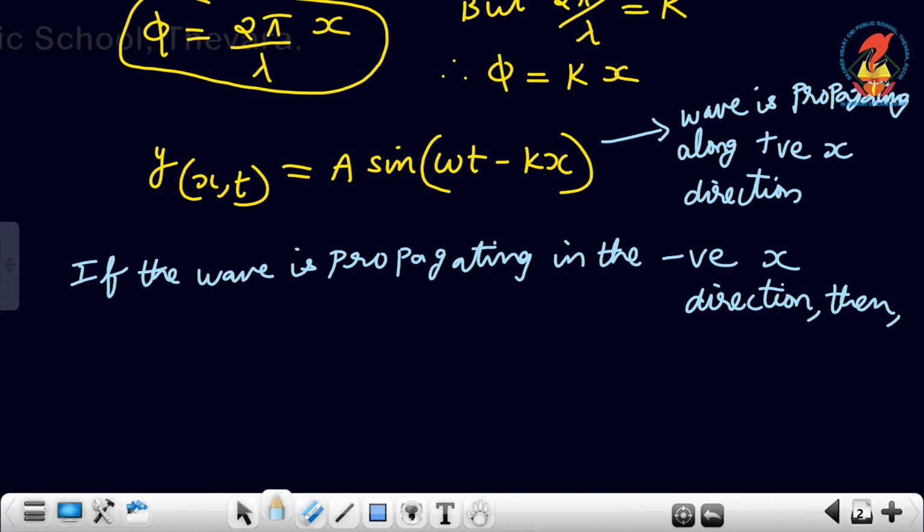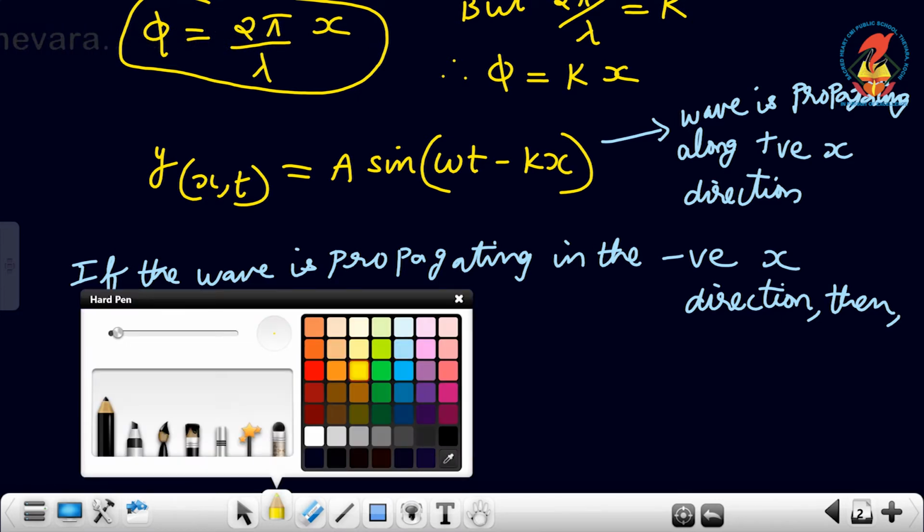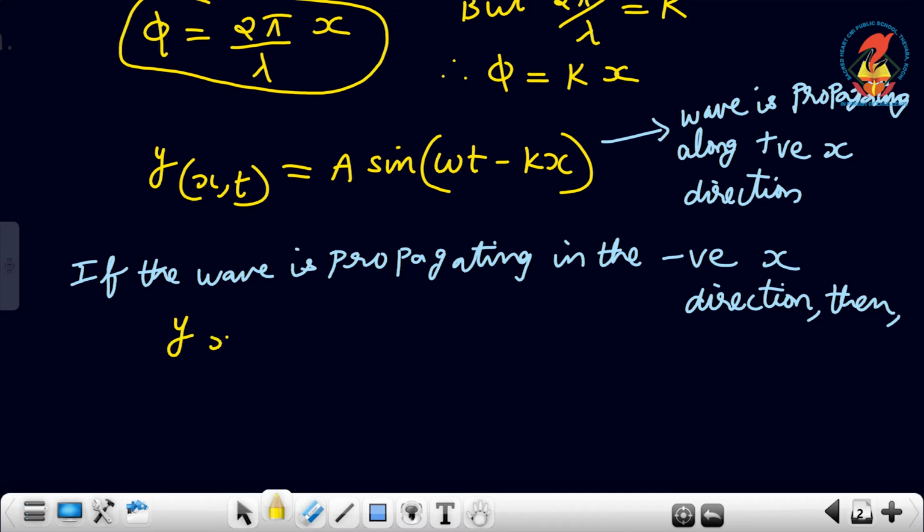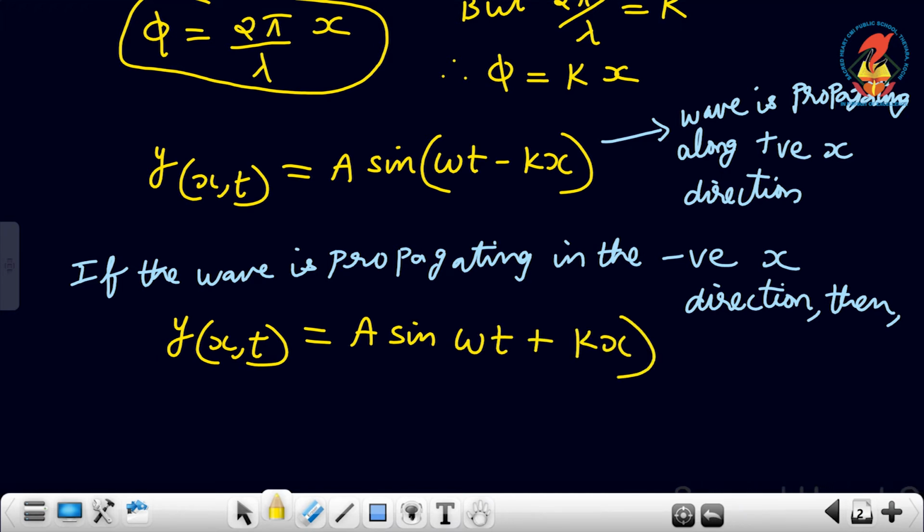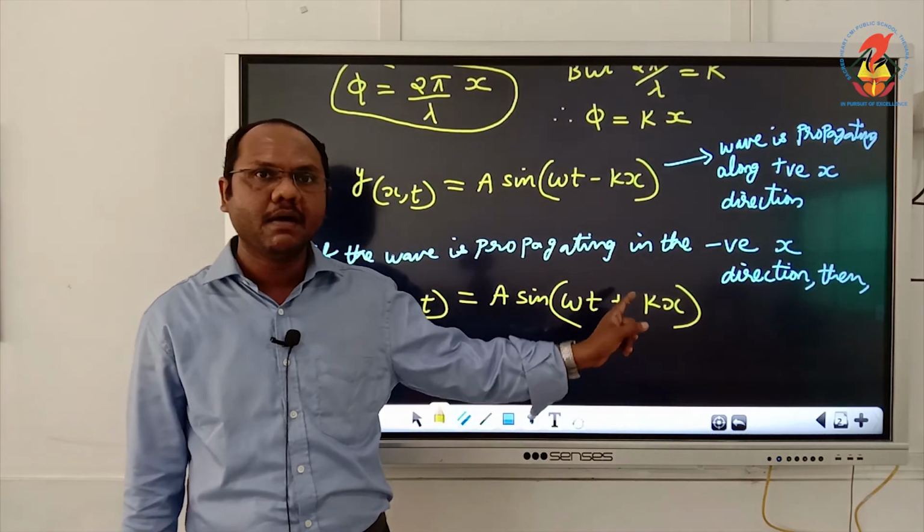If the wave is propagating along negative x direction, then our equation becomes y(x, t) is equal to a sin(omega t plus kx). Y is equal to a sin(omega t plus kx).